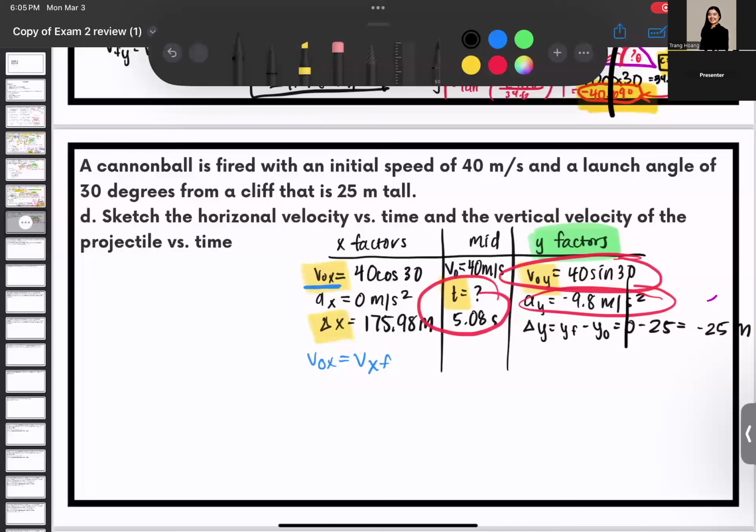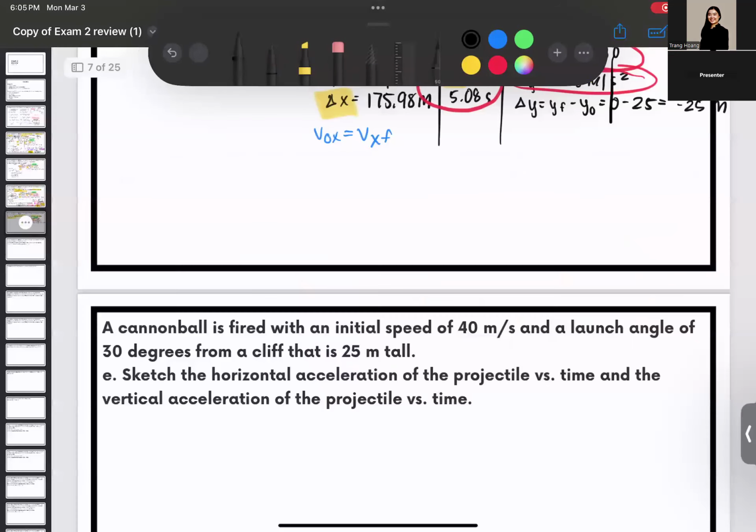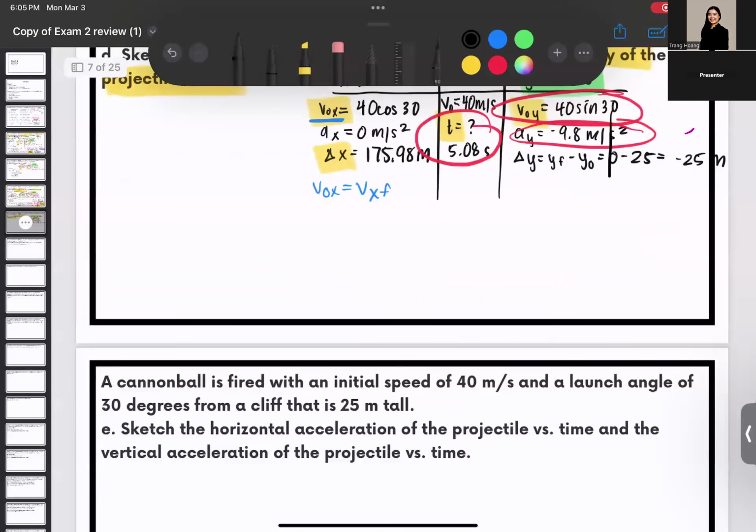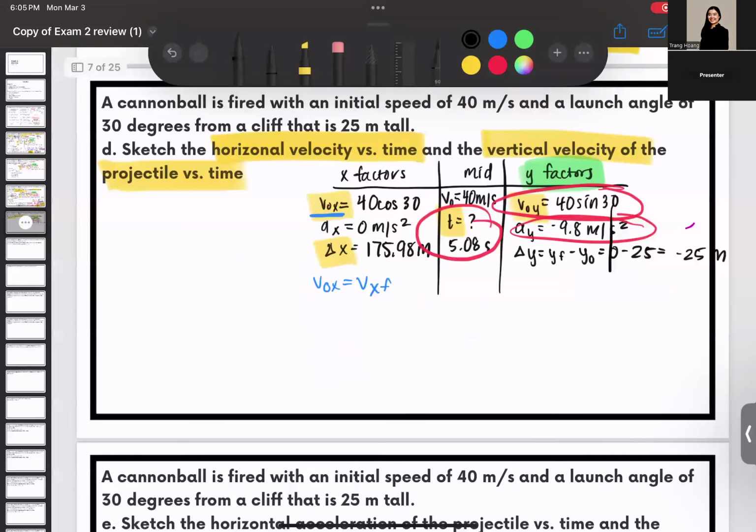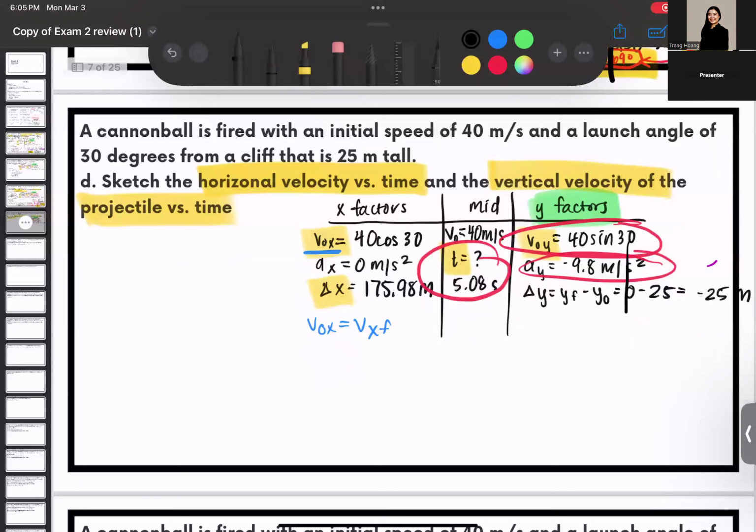So what I'm going to do is sketch the horizontal velocity versus time and the vertical velocity of the projectile versus time. I'm going to start off with the horizontal velocity. Okay, give myself enough space. So this is horizontal velocity versus time.